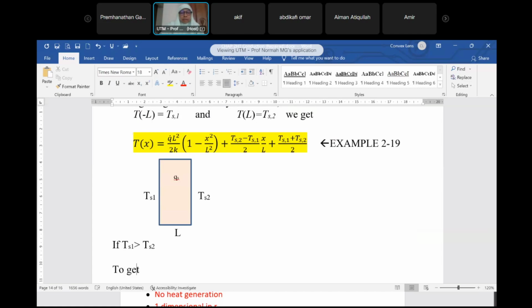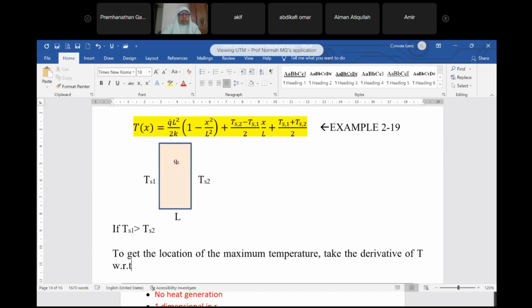Because this formula has already been integrated. To get the location of the maximum temperature, take the derivative of T with respect to x and let that equal 0.